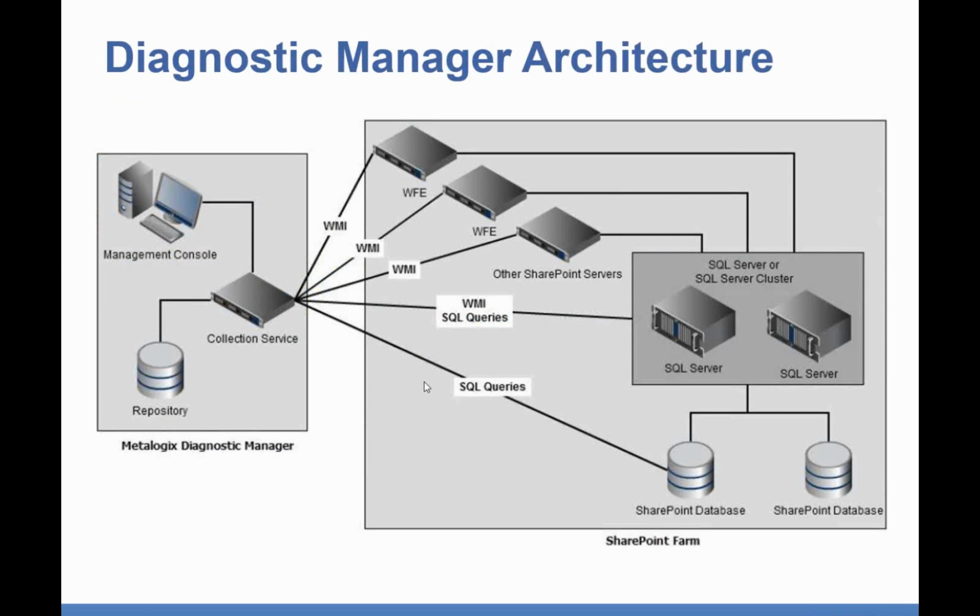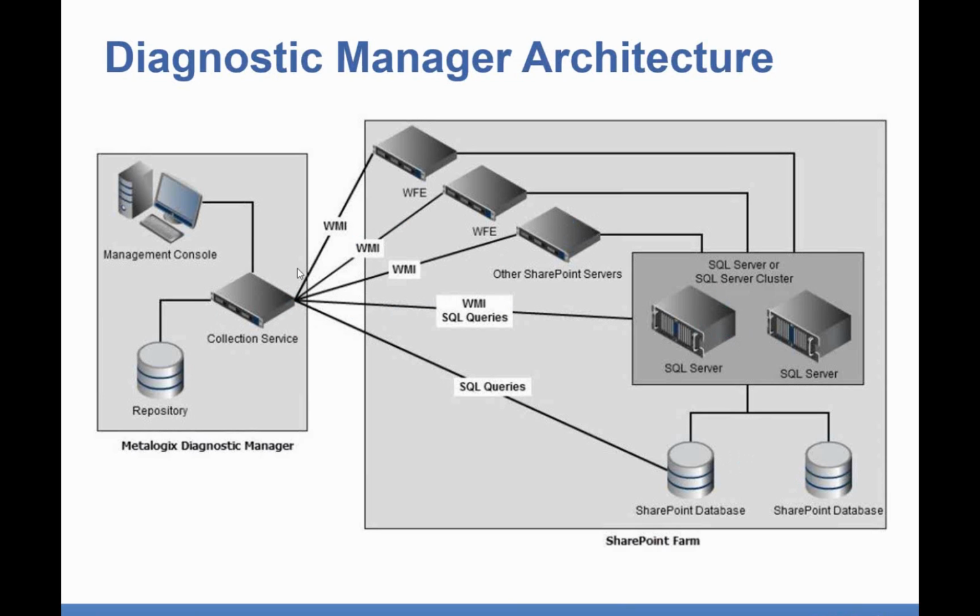I wanted to just quickly go over this first slide once more, to reiterate everything now that we've got some details about each of these components. So our workflow is every 6 minutes by default, our collection service will poll all the servers in the farm topology: all the WFEs, other application servers, all the SQL servers, and the databases within the SQL server.